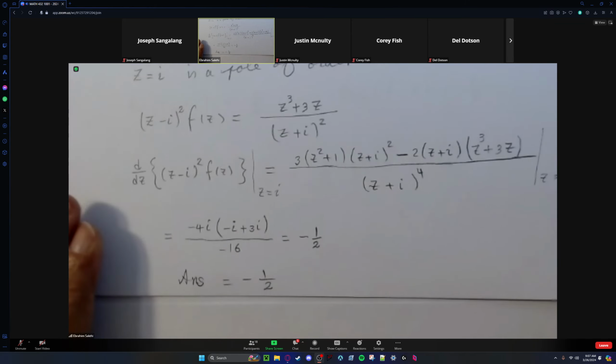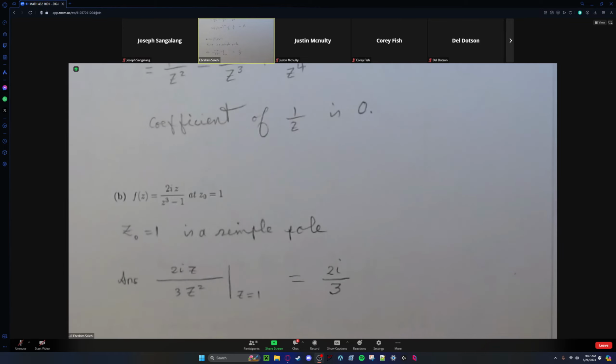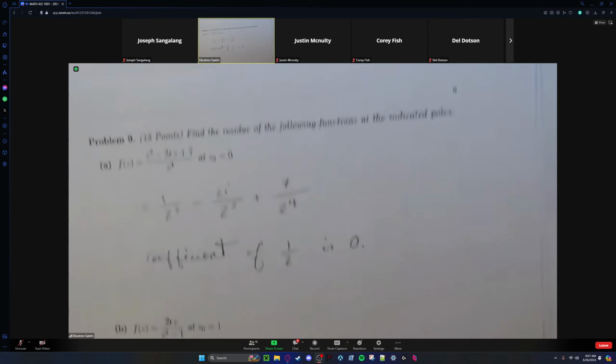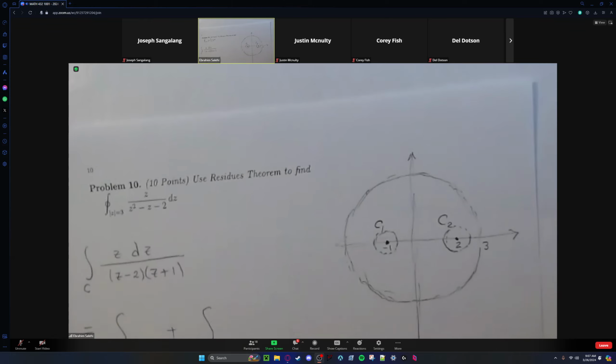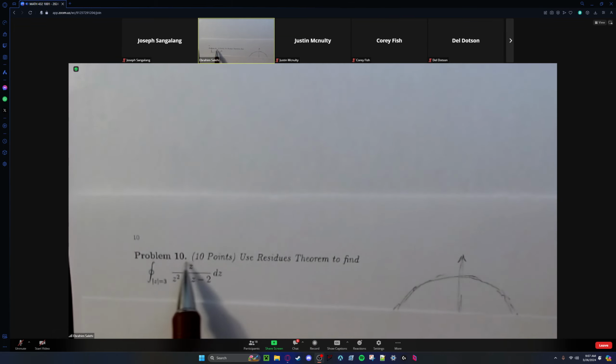All right. And finally, the last problem is about using residue theorem and integrating this guy over this big circle. Okay?